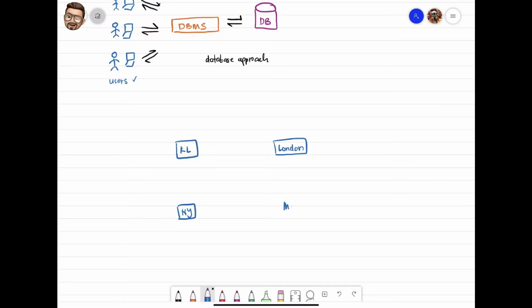and the last one maybe in Manila. Say your company has these four branches, connected through a communication network. Since the headquarters is in London, the London branch may hold the database.